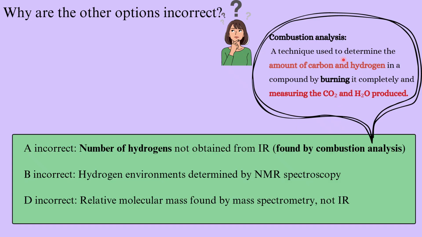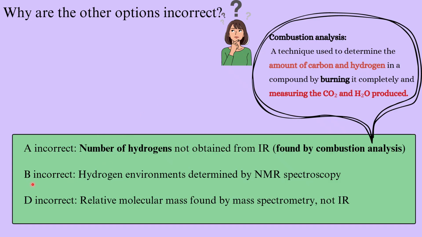Here we burn the given substance to determine the carbon and hydrogen by the evolution of carbon dioxide and H2O after the substance is completely burnt. Depending upon the amount of carbon dioxide and water produced, we determine the number of carbons and hydrogens present in that particular compound. So we do not use IR for this particular purpose.